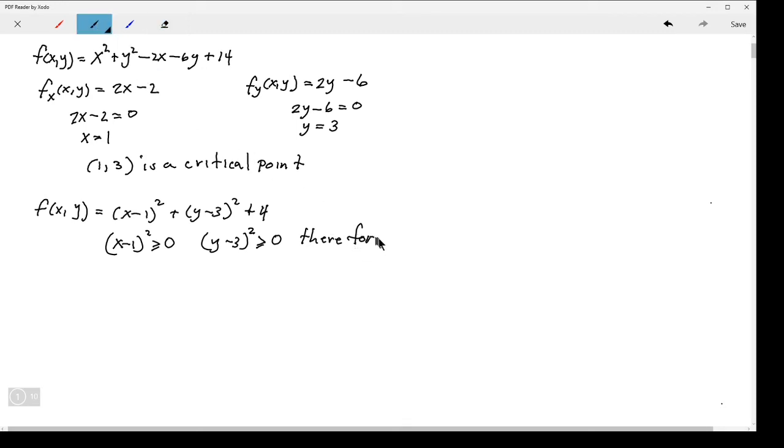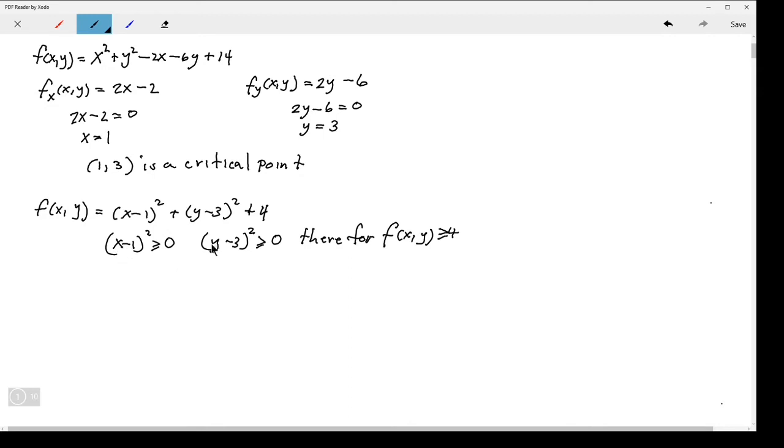Anyway, therefore, the function itself has to be greater than or equal to 4. I keep wanting to write 14. Has to be greater than or equal to 4, right? Because if this is 0 and this is 0, the function's equal to 4.